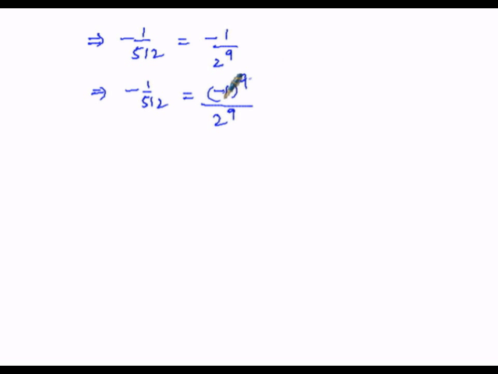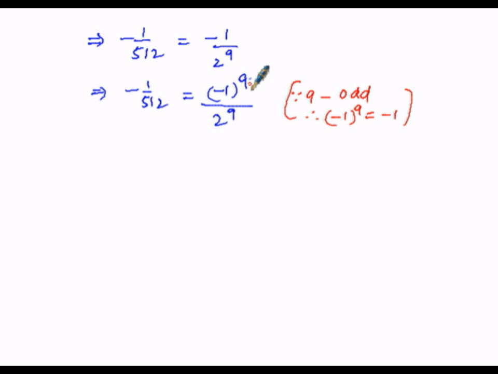But here 9 is odd. Therefore minus 1 whole to the power of 9 is nothing but minus 1 itself. So I can write it as minus 1 whole to the power of 9.